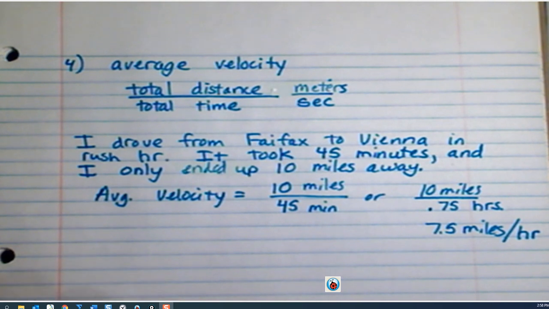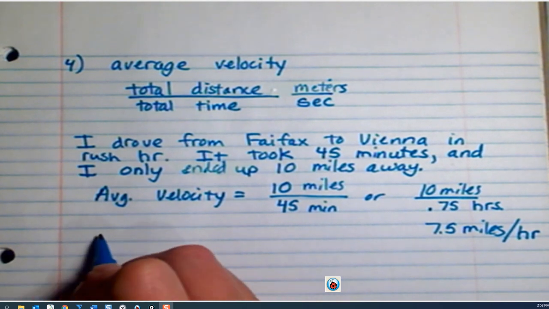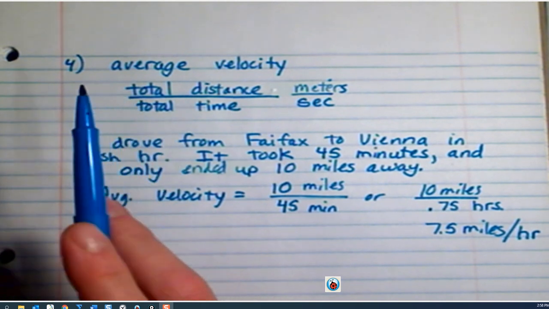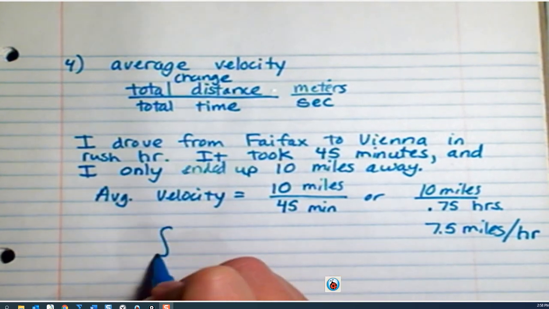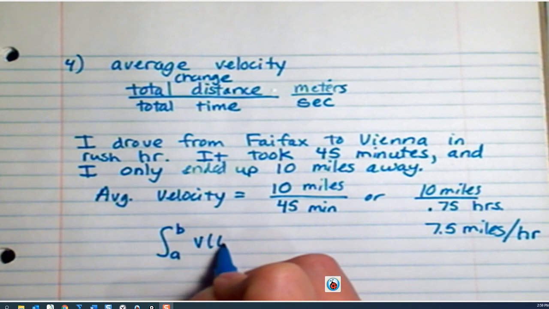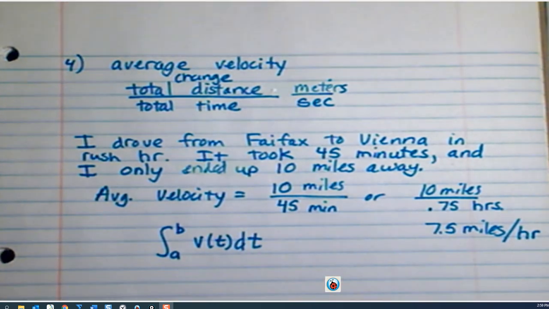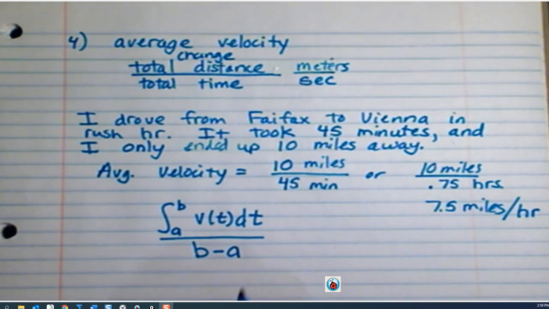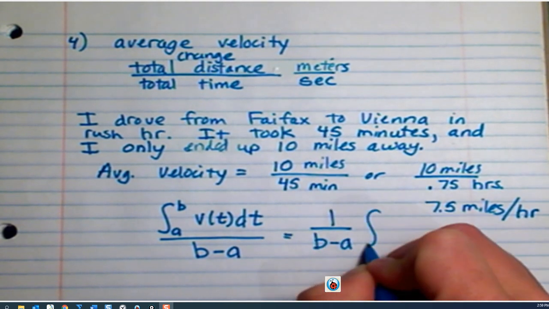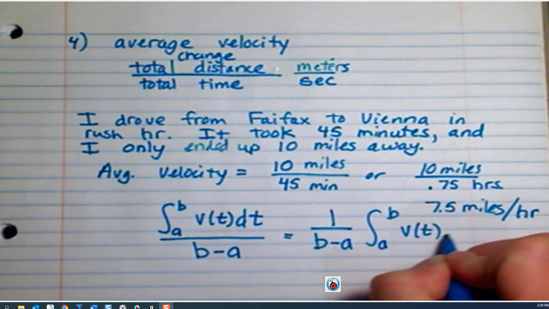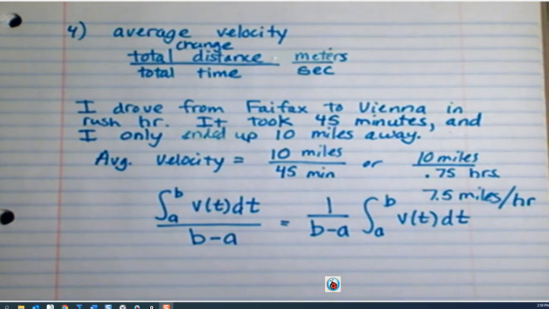Now, what would this formula look like? Total distance. All right, so total change in distance from A to B velocity dt over total time. Well, this is your change in distance from A to B. So you have to divide by that. Now, a lot of times the formula actually looks like this. Right? Because it's easier to look at it in this format, but it's the same.